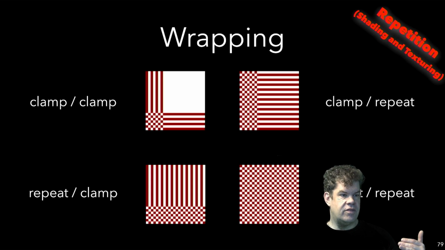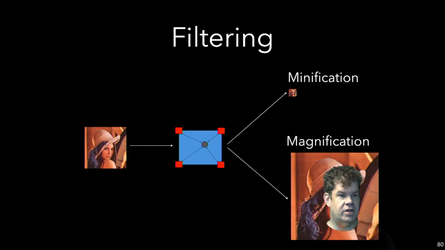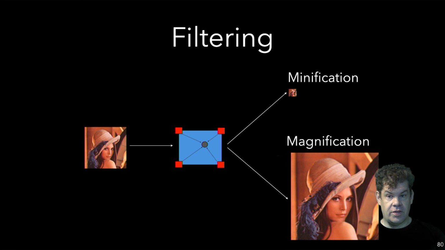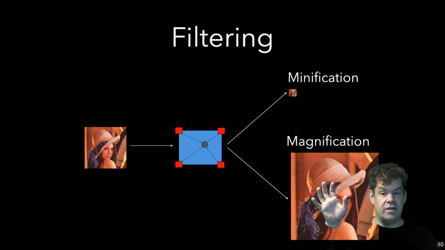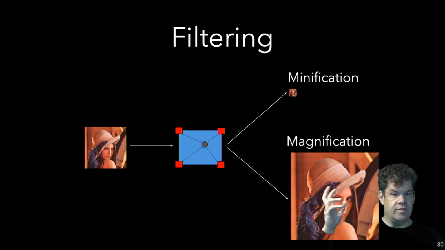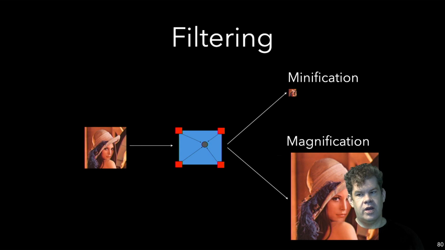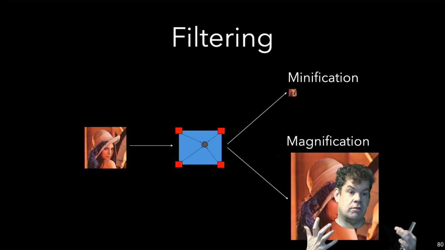I mentioned this briefly, but I haven't really talked about it in detail: what happens if my object on screen is relatively small compared to the texture, or relatively large compared to the texture. We call this minification and magnification. First of all, you could say, why should I care?